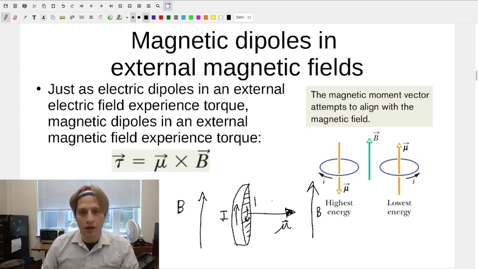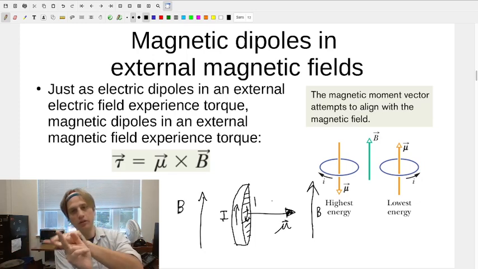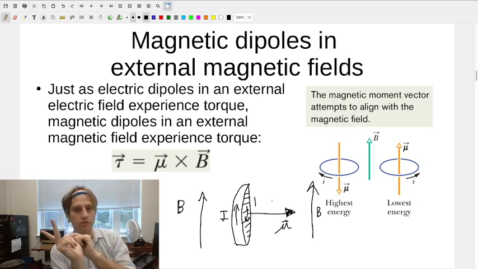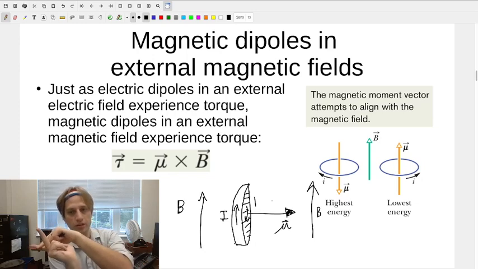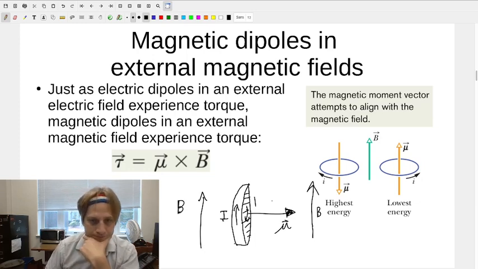Then I should be able to figure out from mu cross B. My mu is my index finger, my B is my middle finger, equals the direction of the torque. Mu is this way, B is up, and then my torque would be out of the page.